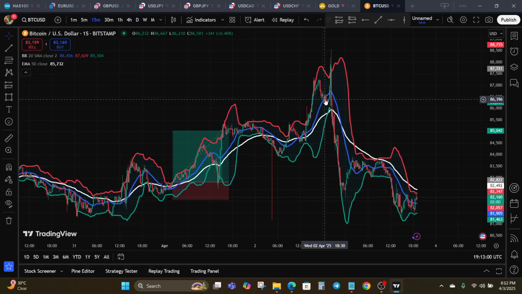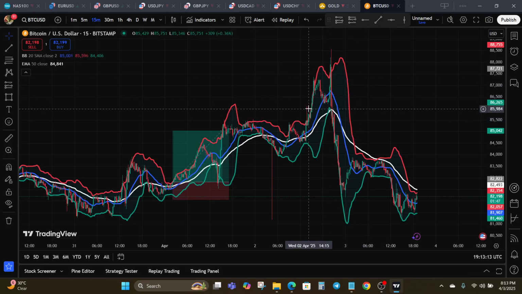It's important to get the general trend direction from the higher time frames, then you can go back to the lower time frames to get precise entry and exit points.